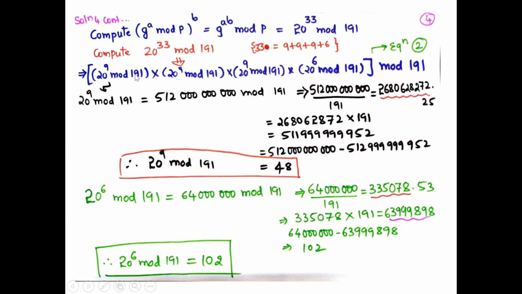So 20 raised to 9 mod 191 appears three times, and first you calculate that value.